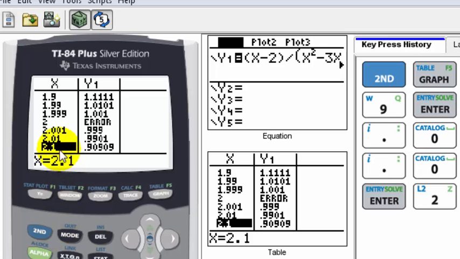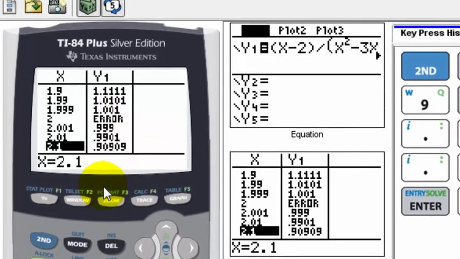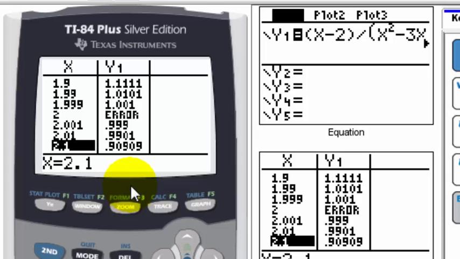So we're getting closer to 2 from the right. Okay, and if you look at the function values, you see that it's getting closer and closer and closer to 1. We were able to quickly evaluate the function at multiple values.